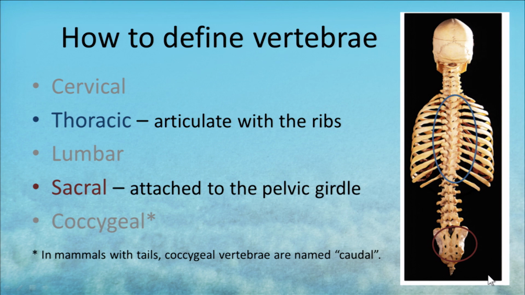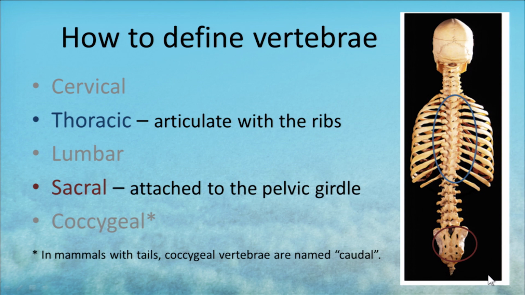The sacral vertebra is any vertebra that attaches to a hip bone and forms part of the pelvic girdle. So the sacral vertebrae form part of the pelvis. That leaves us with cervical, lumbar, and coccygeal. We say that the cervical vertebrae are above thoracic, lumbar is in between thoracic and sacral, and coccygeal is below sacral.